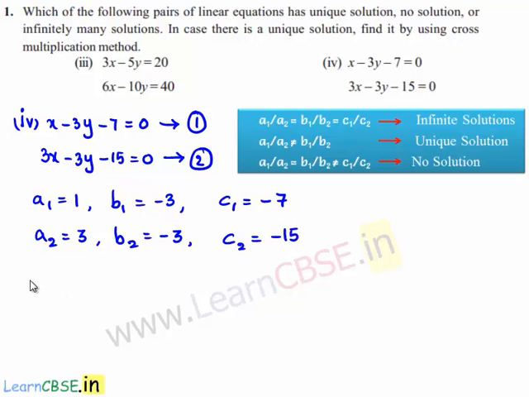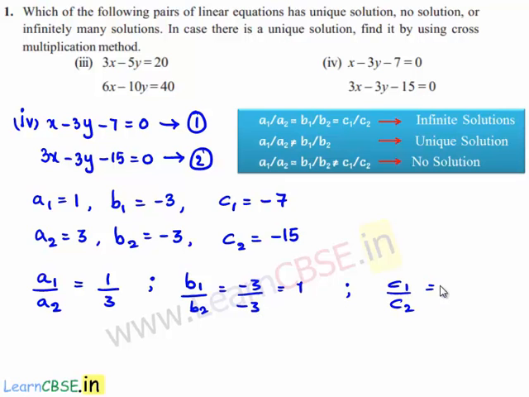So let us find a1 by a2, b1 by b2, and c1 by c2. Now a1 by a2 is equal to 1 divided by 3, b1 by b2 is equal to minus 3 divided by minus 3, which is nothing but 1, and c1 by c2 is equal to minus 7 by minus 15, that is 7 by 15.